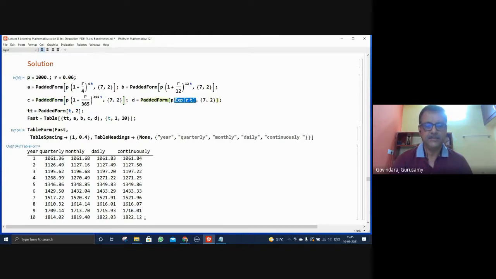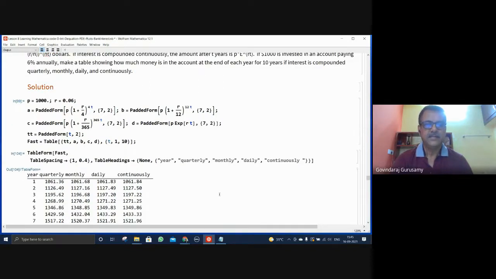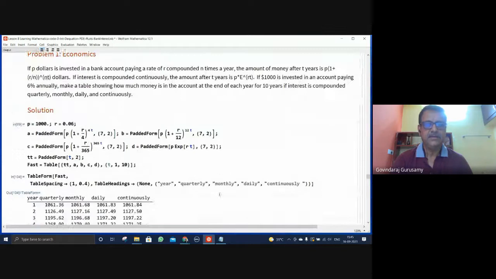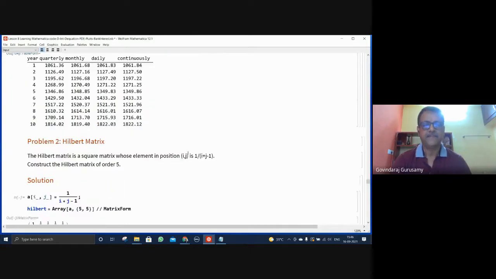That number is the highest possible interest that can be earned for any money that you invest, limited by this exponential rt. This is the so-called interest calculation continuously.